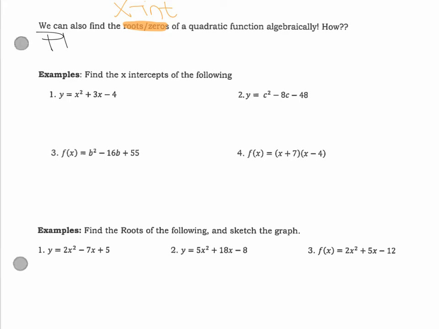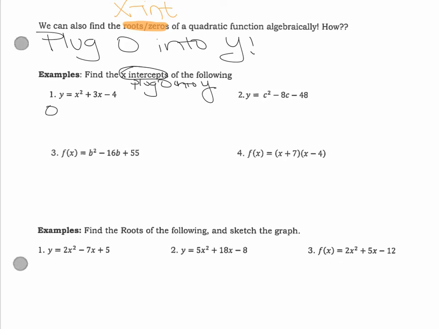You plug 0 into y, because that's the opposite variable. So, let's look at these examples. It says find the x-intercepts. So when you see the word x-intercept, that means plug 0 into y. So on 1, I'm going to plug 0 into y.